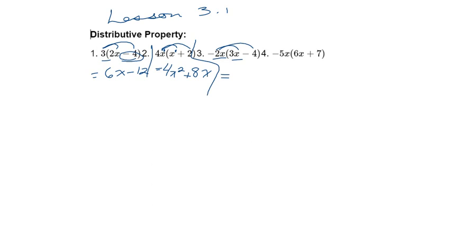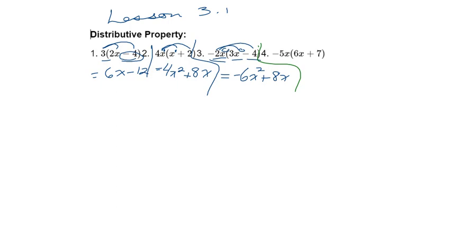So negative 2x times 3x will give you negative 6x, but then you got to pay attention to those exponents, squared, plus, because it's going to be negative times a negative, negative 2x times negative 4 should give me positive 8x. And when I say should, I mean definitely does. And I'll do the next one in green just because my handwriting's a little too big today.